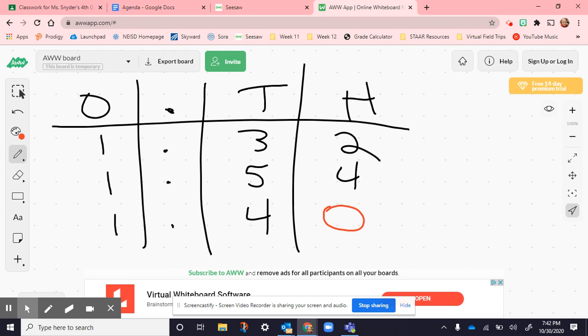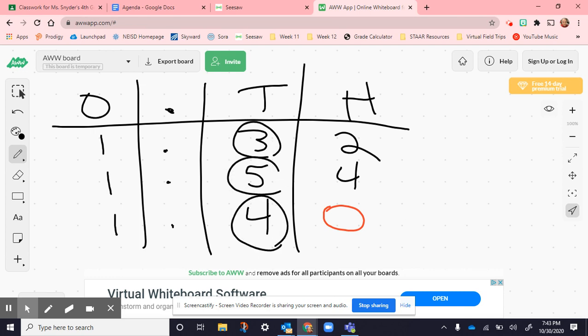If you want to get it right, you have to remember to put this in a place value chart. I can see that that hundredth is missing. Let me put it in there. And now I'm ready to compare. So here you have a 1 and a 1. All of these are the same, so we can't stop and compare. We have to keep going. Here, we've got a 3, a 5, and a 4.